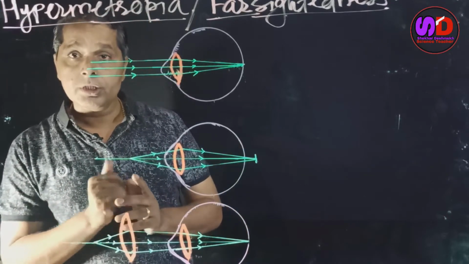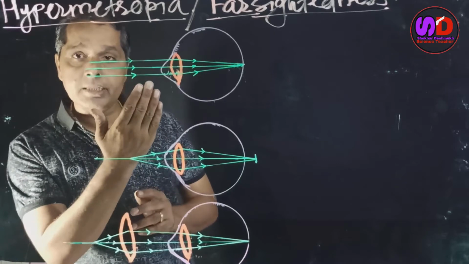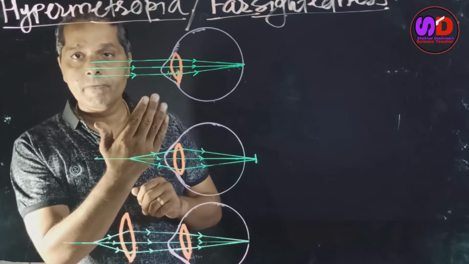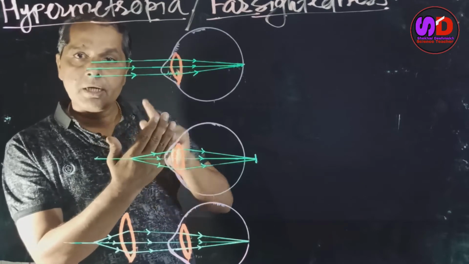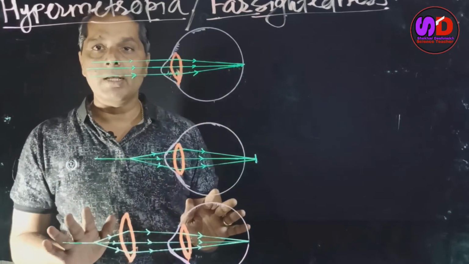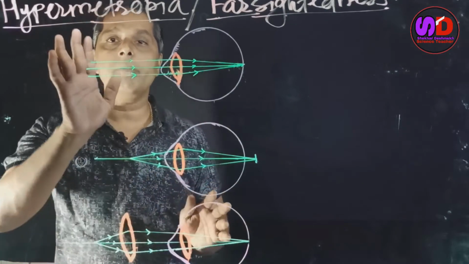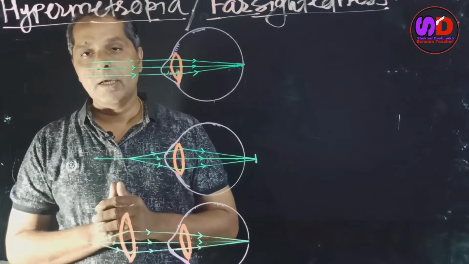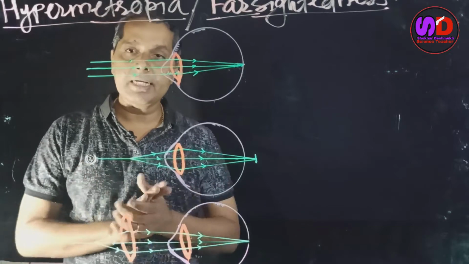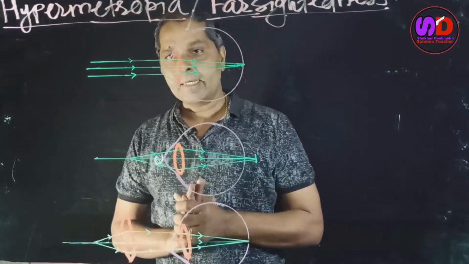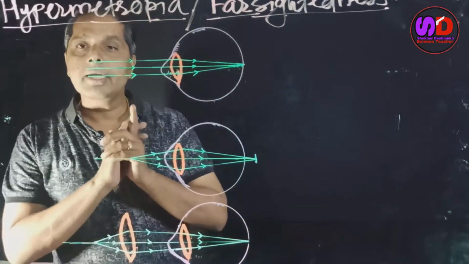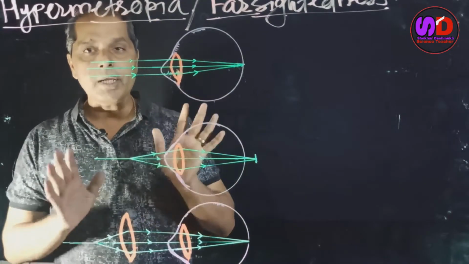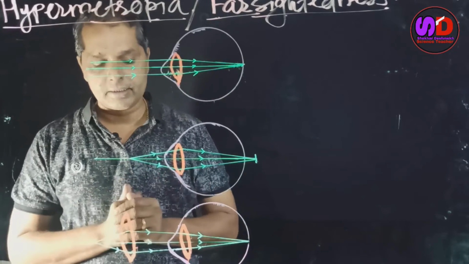Now she is unable to read the book, that means she cannot see nearby objects, that means her far sight is good. That means she is suffering from hypermetropia or farsightedness. So what is meant by farsightedness? Farsightedness means the person can see distant objects clearly but is unable to see nearby objects.